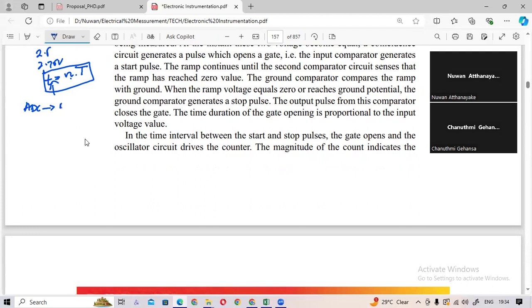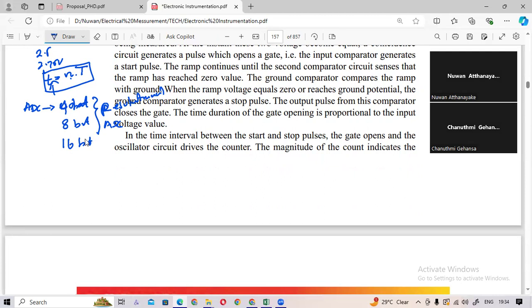Some ADCs use 4 bits, some ADCs maybe use 8 bits, some maybe use 16 bits. This is what we call the resolution of the ADC. Resolution means the number of bits used to represent the voltage value.